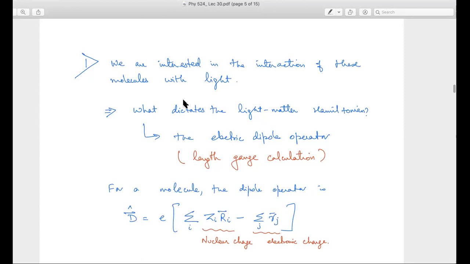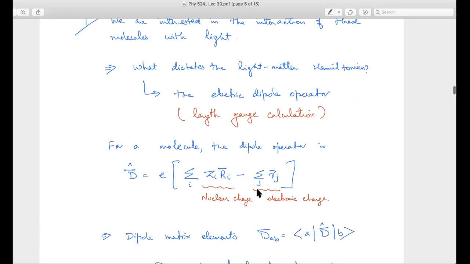In the length gauge, I used the electromagnetic field to just add an eφ potential to the Hamiltonian. If I proceed with that calculation, I can show that the central thing which decides the light-matter interaction is the expectation value of the charge times the position operator R of the electron in the atom, which is intrinsically connected to the dipole.